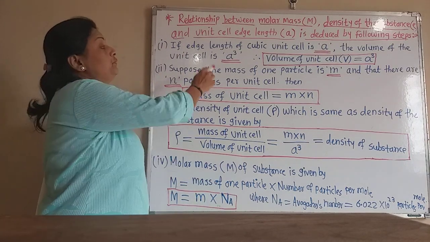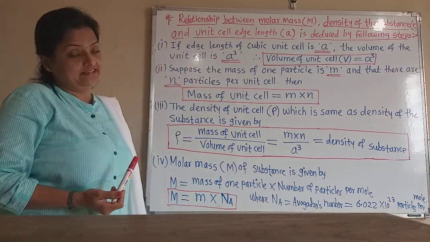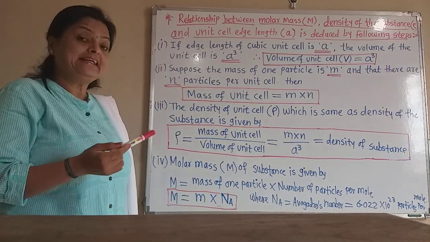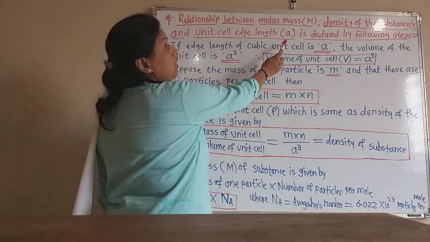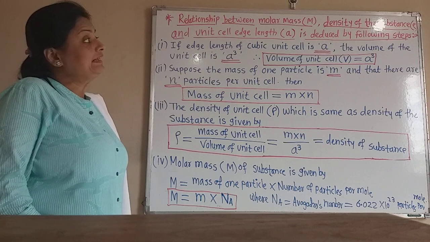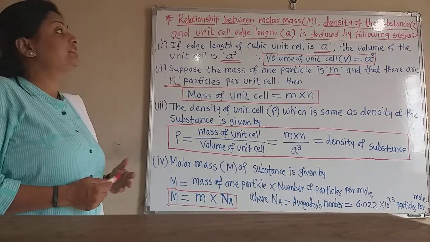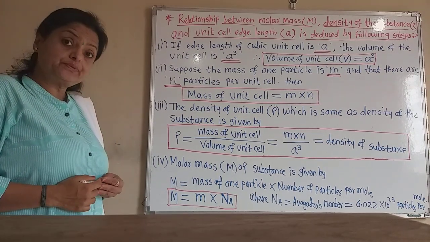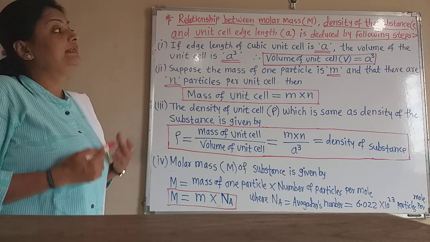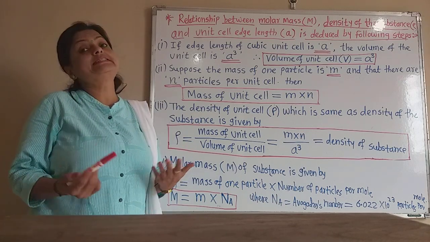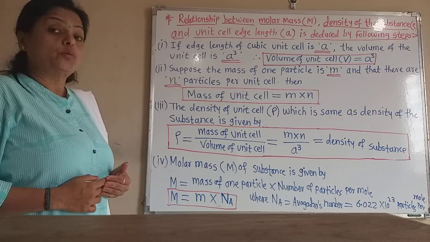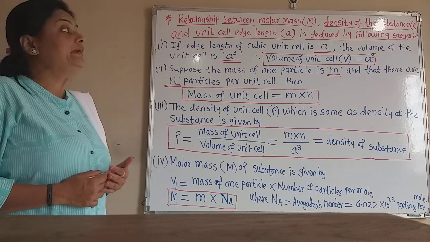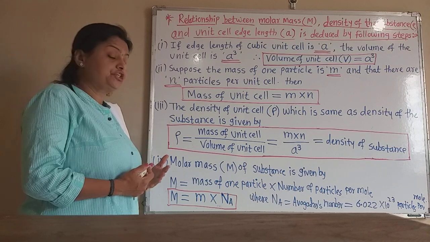The unit cell edge length, that is the side length of the unit cell, suppose it is small a. These three things, the molar mass of the substance, the density of the substance or density of the unit cell, and the edge length of the unit cell, can be deduced by the following steps.